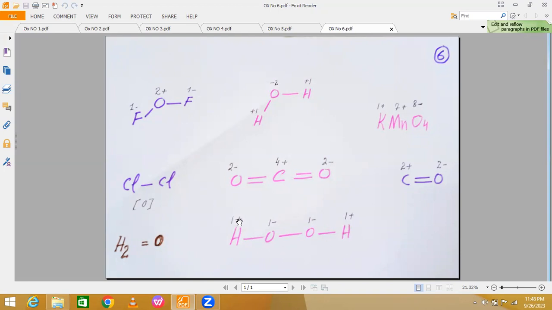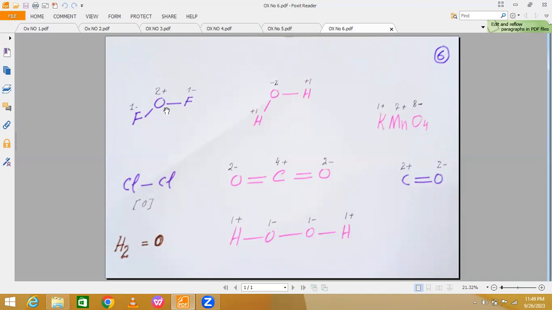So 1+, 1+, 2+, 1-, 1-, 2-, and as a whole, the H2O2 molecule would be neutral, and the oxidation state of the H2O2 molecule would be 0. In this way, on this principle, we can find out the oxidation number of atoms in a molecule or an ion.